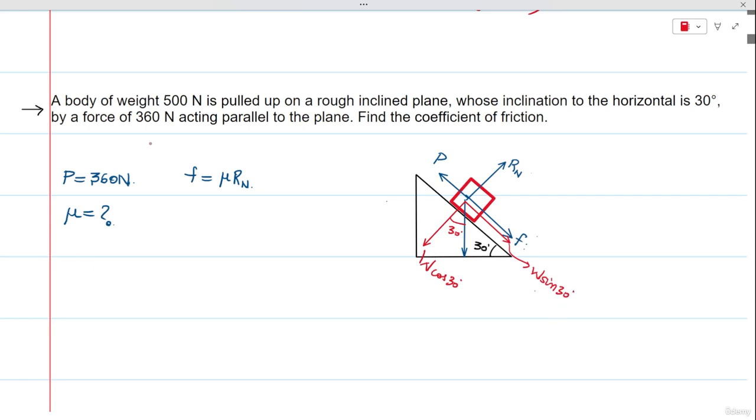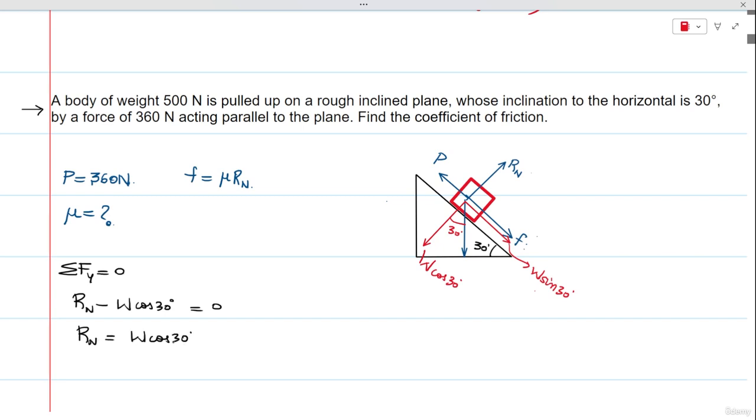So now if we take the equilibrium of forces in the y direction, that is Rn minus W cos 30 equal to 0. So Rn will be equal to W cos 30.